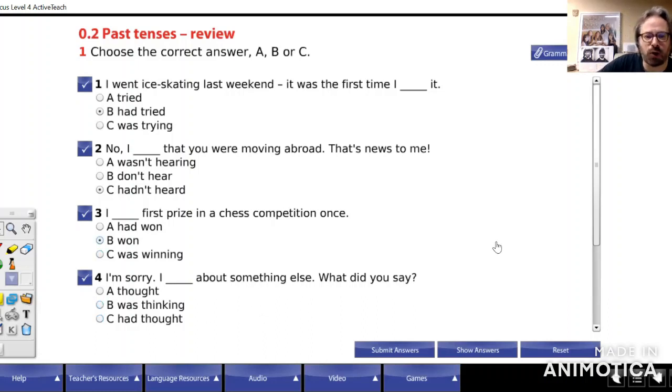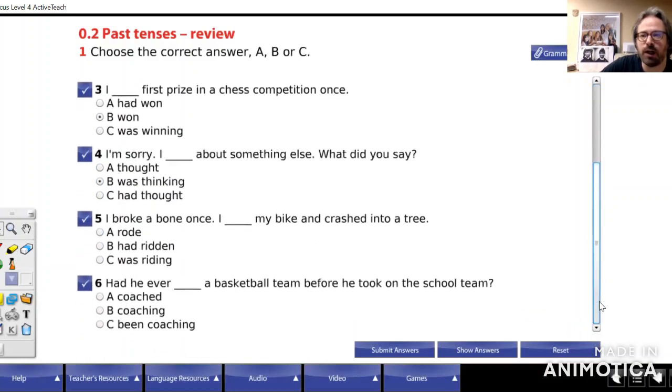Number 4, I'm sorry, about something else. What did you say? And I think we would say B here as your only alternative. So this is a story where someone is talking and suddenly you have to think of something else. And because of that, you were thinking of something else and you didn't hear that particular part.